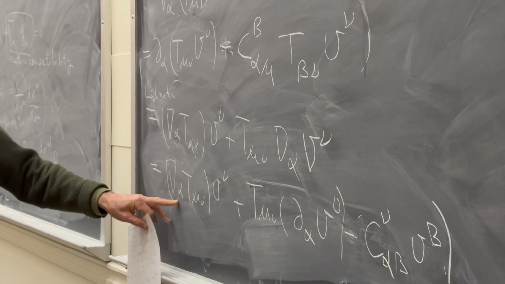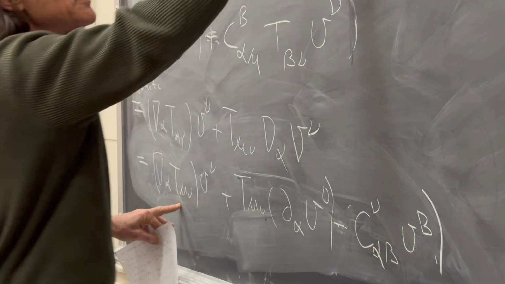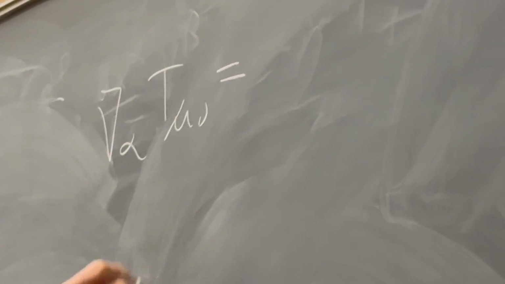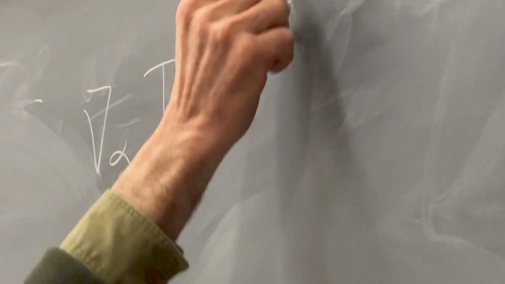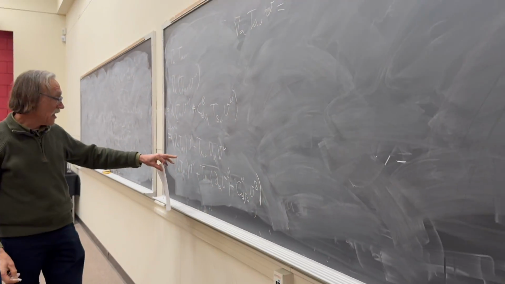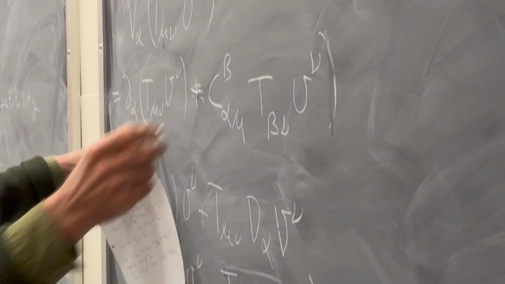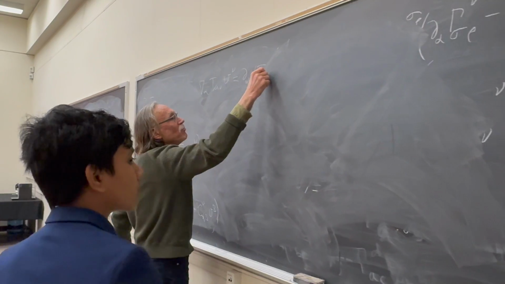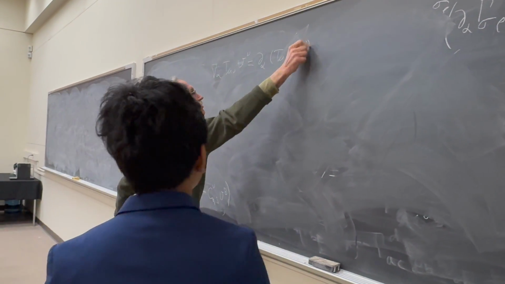So we're almost done. This is the object we need. That is the covariant derivative of a tensor times, I still have to write, V nu. That is equal to, here we have the ordinary derivative, d alpha T mu nu V nu.